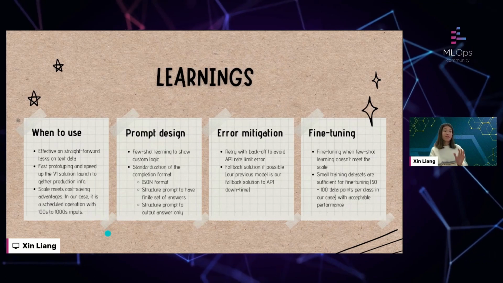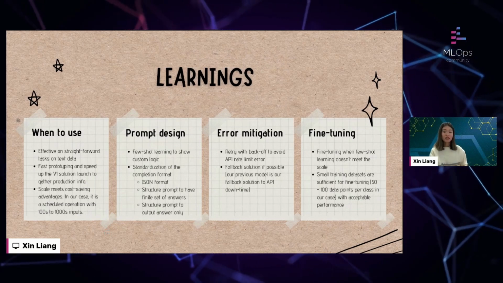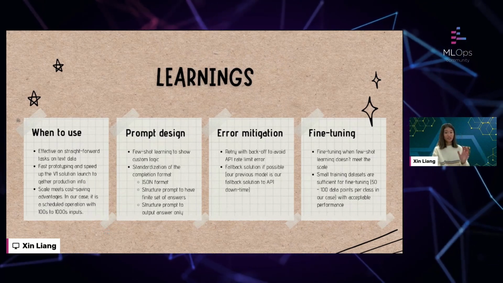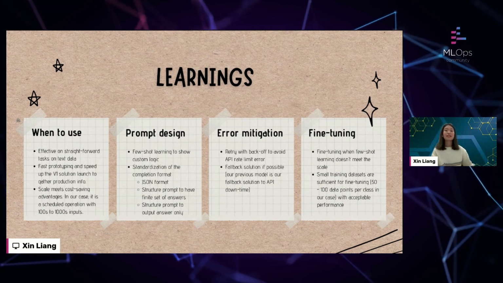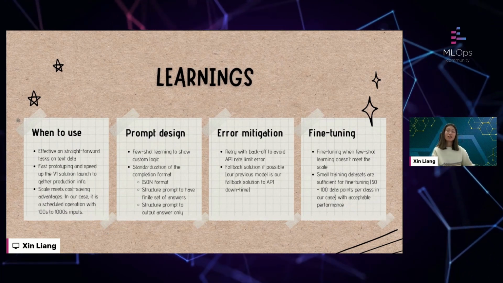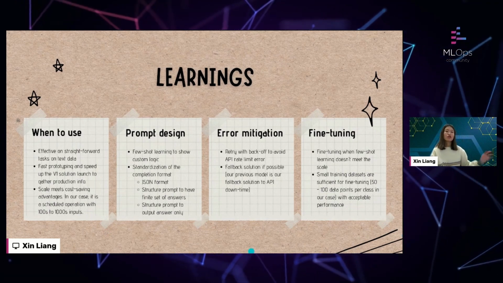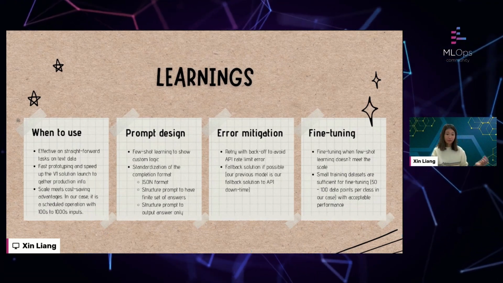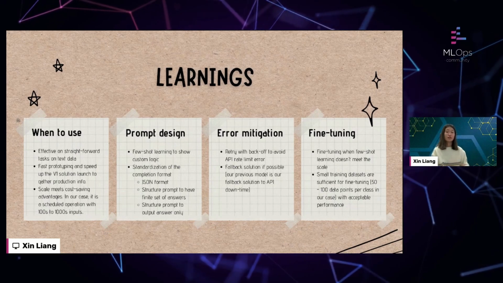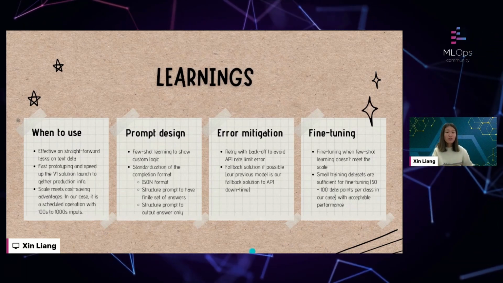It can be cost effective when the scale meets the cost saving advantages, which it does in our case study. For prompt design, few-shot learning can be sufficient to show custom logic on the text tasks instead of any fine-tuning required.